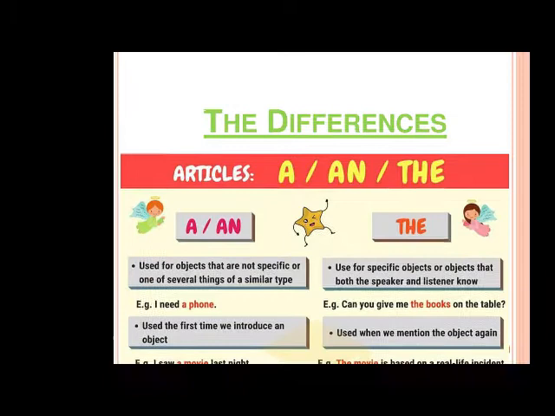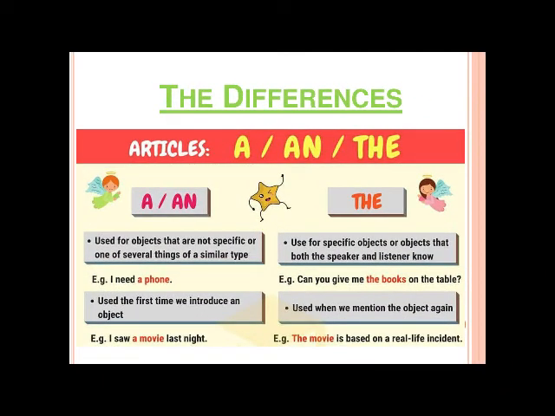Now, let's look at the differences more closely. A and an are used for objects that are not specific or one of several things of a similar type. It means when you are not referring to specific things, and you say any of the several things of similar type, you are asking for them.